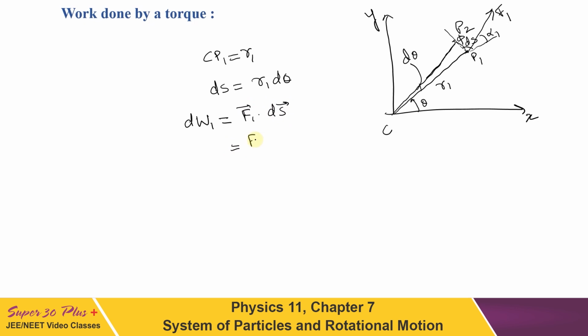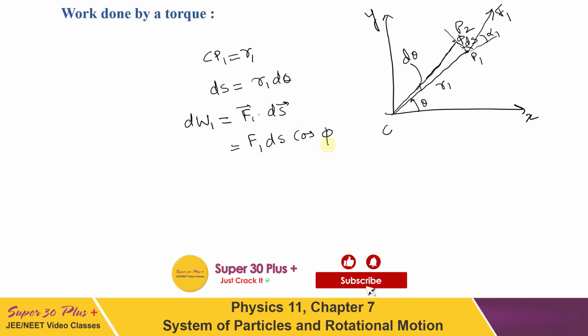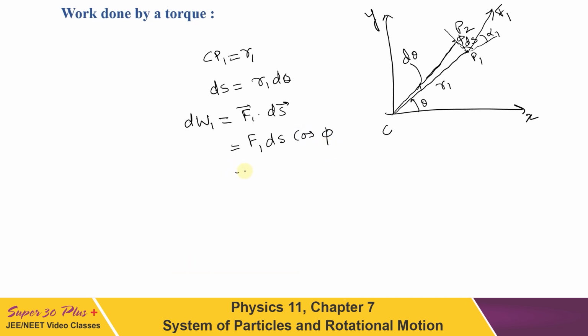So it will give F1 ds cos phi, as angle between ds and F1 is shown phi here. Now this ds can be substituted from above. So this will be F1 R1 d theta cos phi.